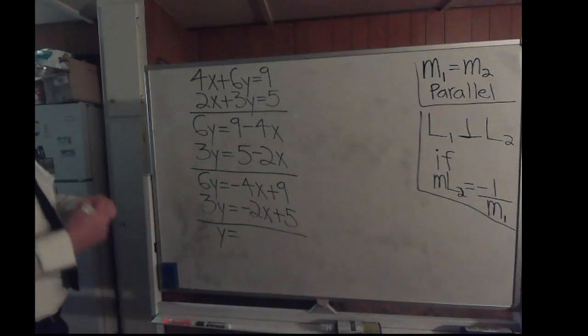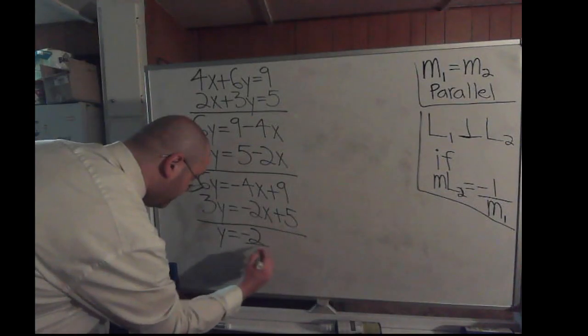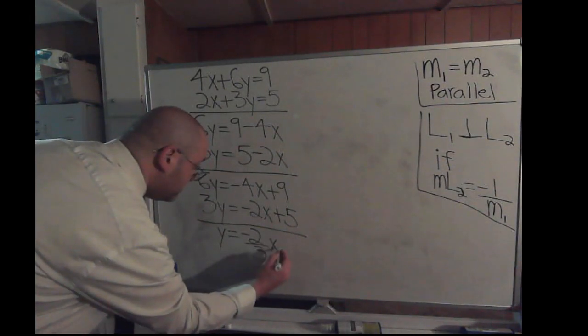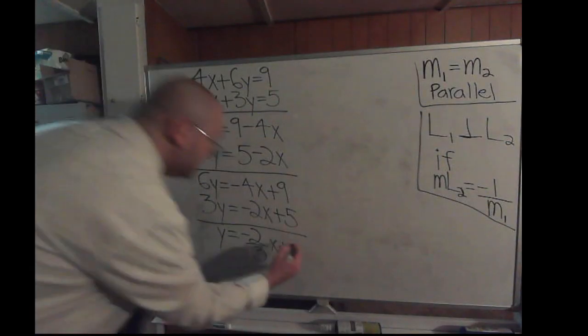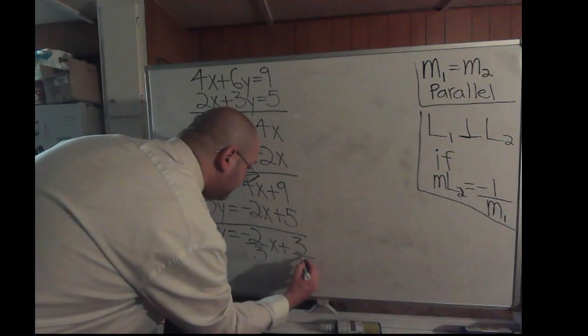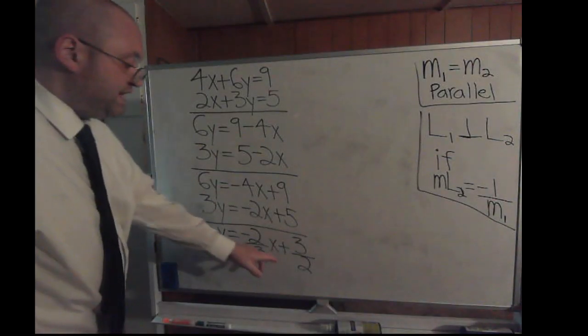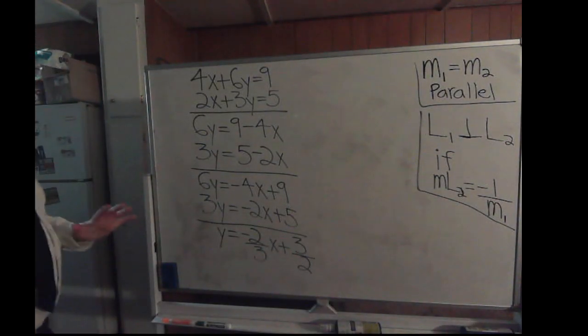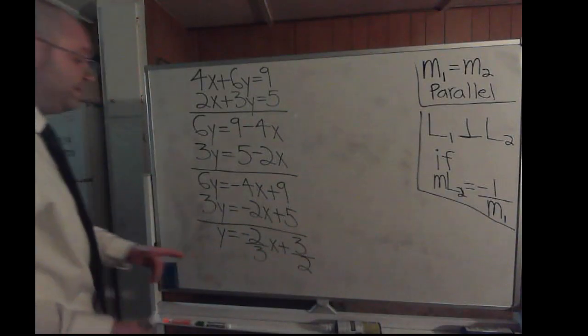Negative 4x divided by 6 turns into negative 2/3 x. Plus then you have 9 divided by 6. That reduces to 3/2. So you have y equals negative 2/3 x plus 3/2 for the first equation. That just got converted into slope-intercept form.